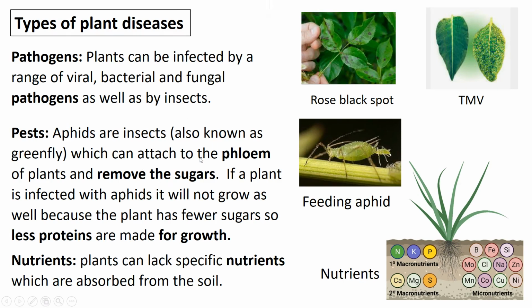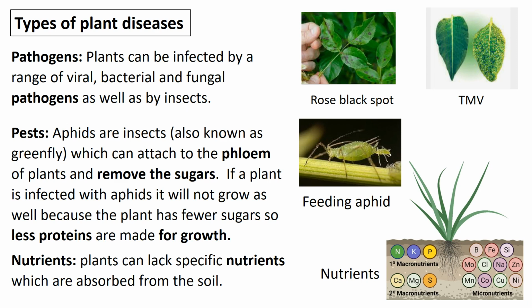These pests, those aphids that were shown before, this is a green aphid. What they do is they attach their proboscis into the phloem of plants and they remove the sugars. So it directly goes into the aphid just by going into the phloem. And therefore, if a plant has fewer sugars, then there will be fewer proteins that they can synthesize from that and less growth. So aphids are a problem for plant growth.